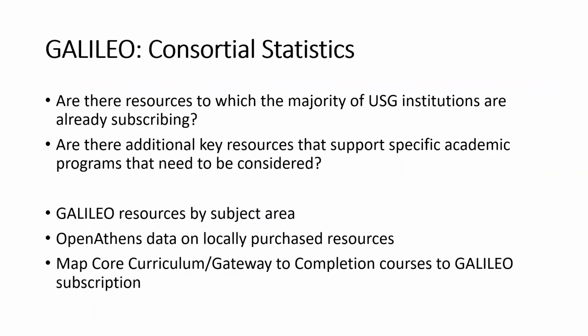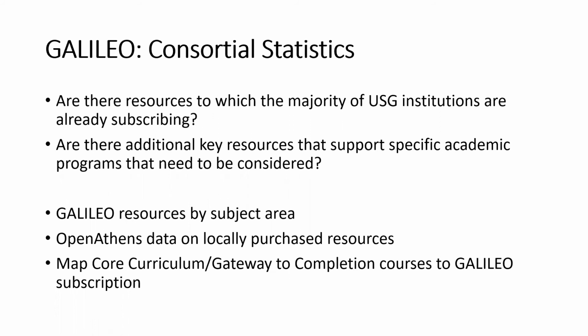He looks for opportunities where, if enough institutions are subscribing on their own, we might leverage a consortial subscription potentially. Where should we be having those conversations with vendors? Are there additional key resources that support specific academic programs that need to be considered is something else that John is looking at in terms of questions to answer with OpenAthens.